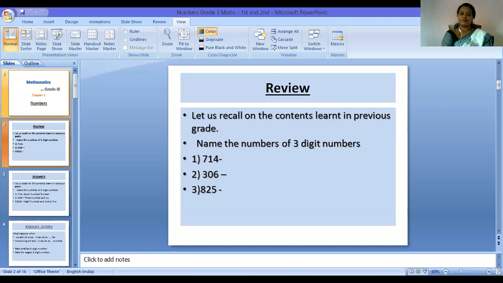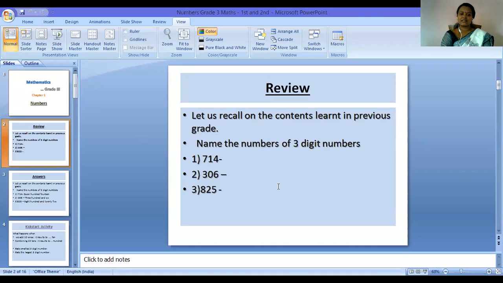So here we have, can you see there are some numbers placed on your screen? Yes. So now let me know what these numbers can be read as. As you can see, these are three-digit numbers.